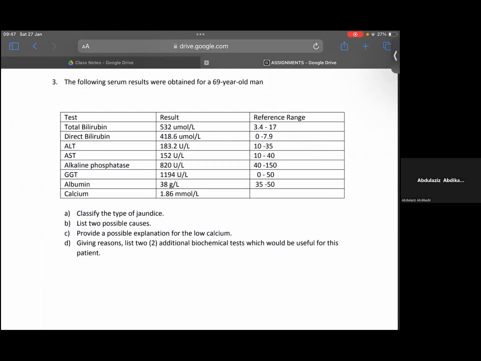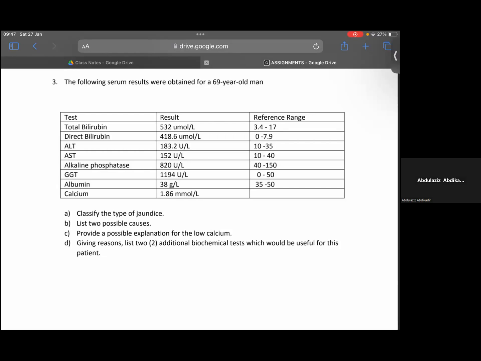Classify the type of jaundice. So someone classify the type of jaundice.